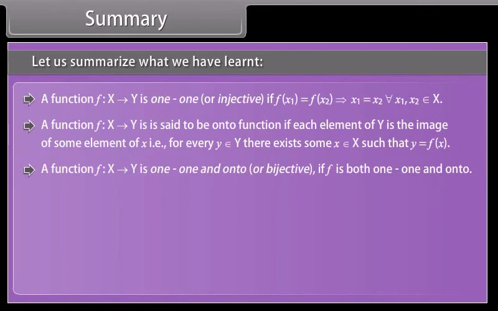A function f from X to Y is one-one and onto, or bijective, if f is both one-one and onto.